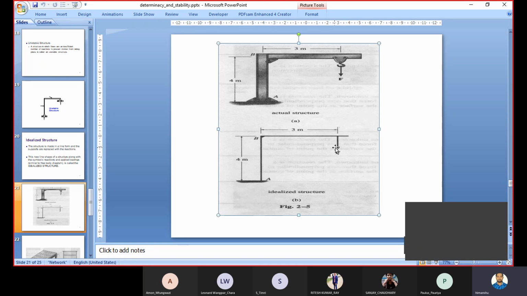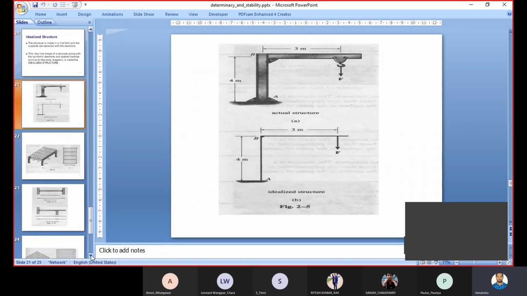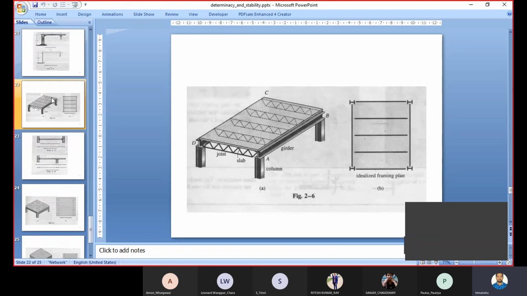The applied load is also replaced by reaction forces. So the idealized structure is basically a free body diagram. We have made the idealized structure of this actual structure in this form.